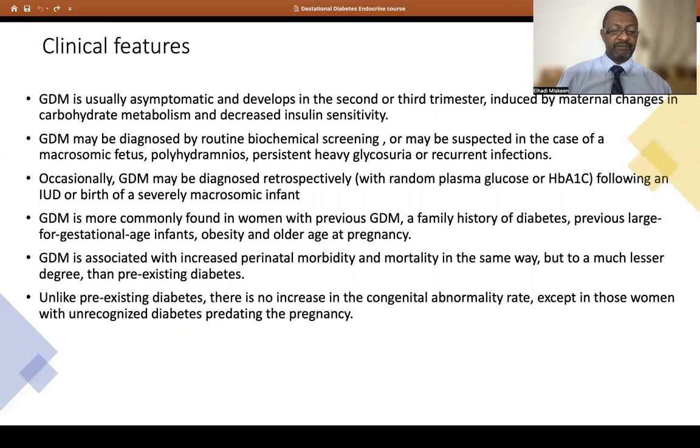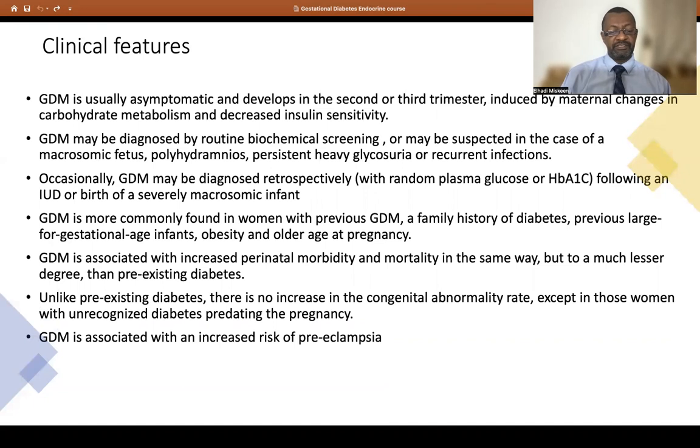Unlike pre-existing diabetes, there is no increase in the congenital abnormality rate, except in those women with unrecognized diabetes predating the pregnancy. GDM is associated with an increased risk of preeclampsia in general.